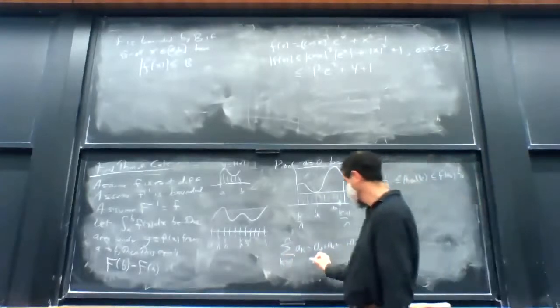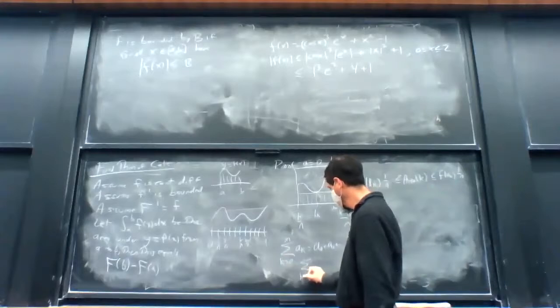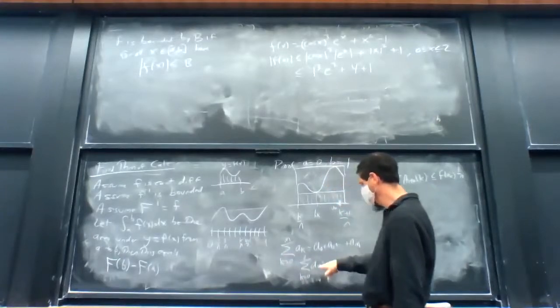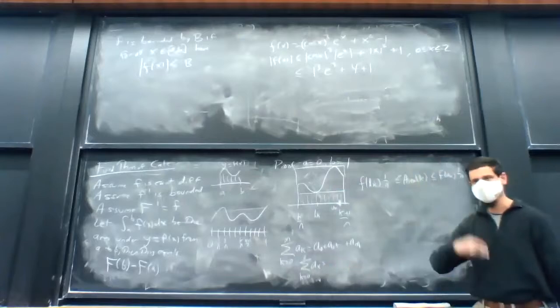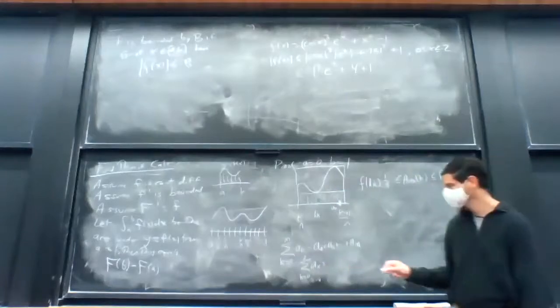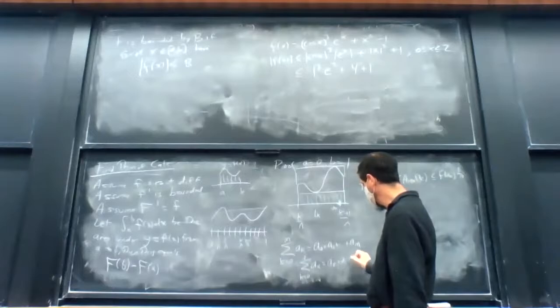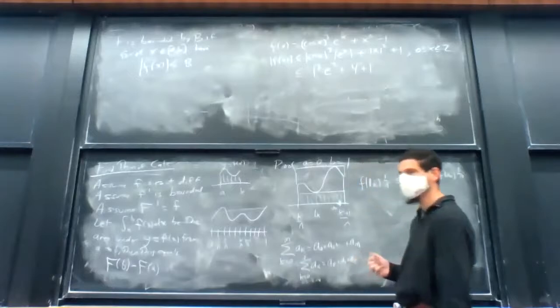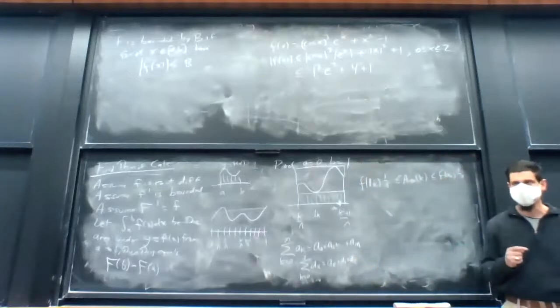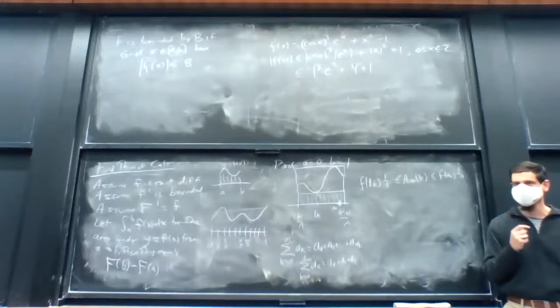So for example, if I wrote the sum k goes from 0 to 2 of ak, that means take the index and just replace it first with 0, then with 1, then with 2, and this would just be a0 plus a1 plus a2. Okay? It's just good, concise notation.